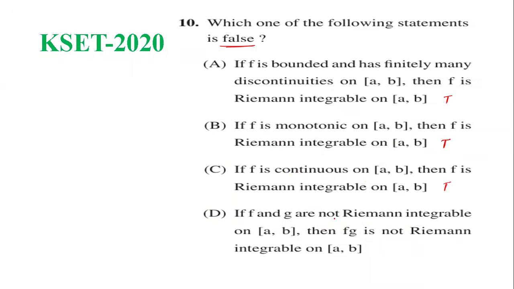If f and g are not Riemann integrable on [a, b], then f into g is not Riemann integrable on [a, b]. This is a false statement, because if we take f of x equal to 1 if x belongs to rationals, minus 1 if x belongs to irrationals.